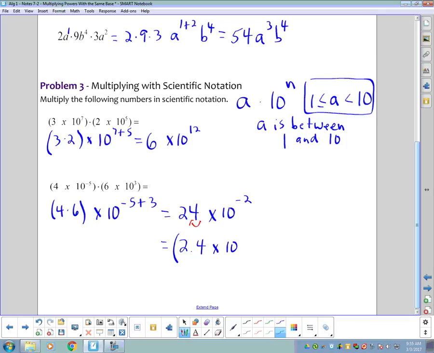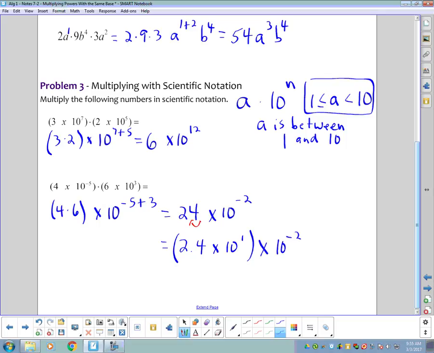Would I need to multiply this by 10 or divide it by 10 to get a bigger number? Do I need to multiply by 10 or divide by 10 to get 24, which is bigger? Multiply. So I need a positive 10 to the 1 there. And then I still have times 10 to the negative 2.